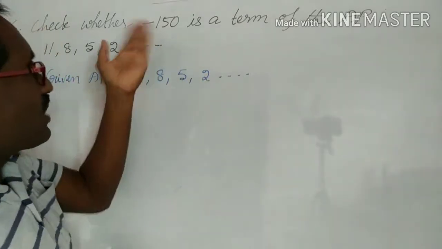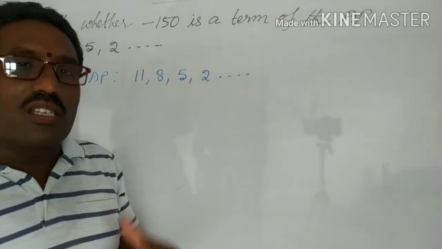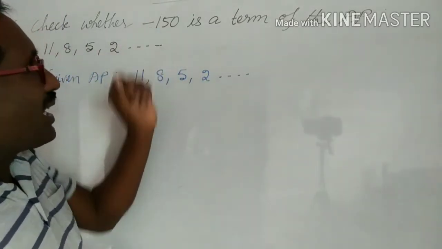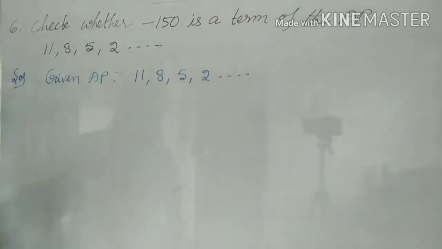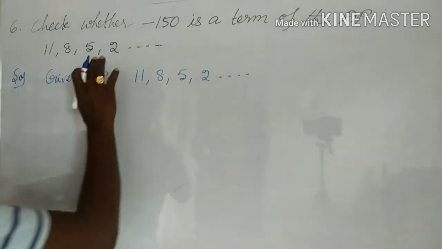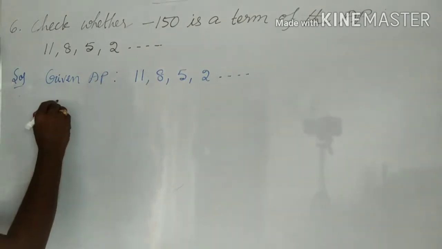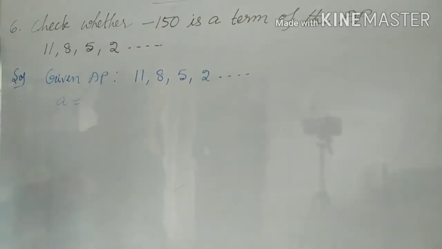We need to check whether minus 150 is a term of this AP or not, but we don't know which term it is. So we can take it as the nth term: let the nth term be minus 150. N should always be a whole number. Remember that. Now this is the first term, A is equal to 11.